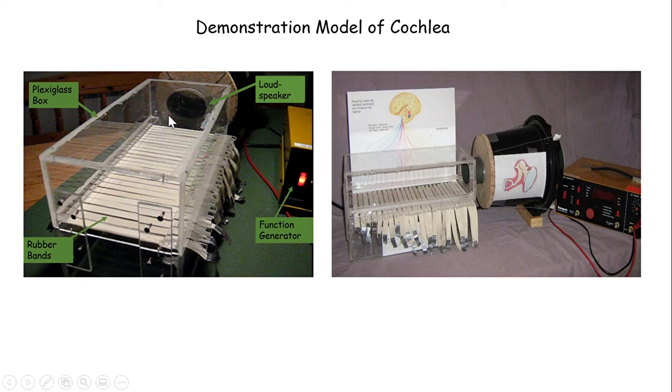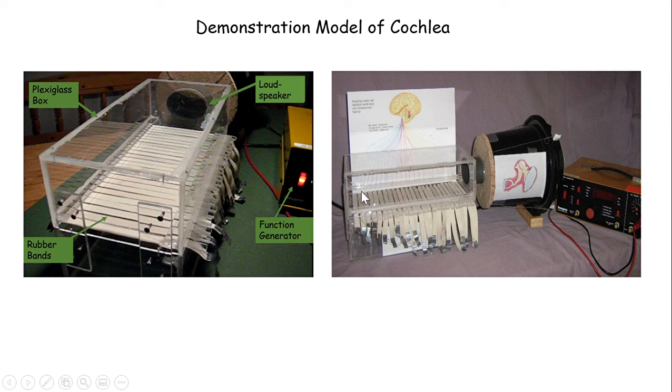Then we construct, so we have the highest stiffness, as in reality, close to the entrance here. Here's a loudspeaker. This is the sound entrance. And we have the lowest stiffness farthest away from the entrance, as in reality. And then you see on this picture here, we have pictured the sensor cells.